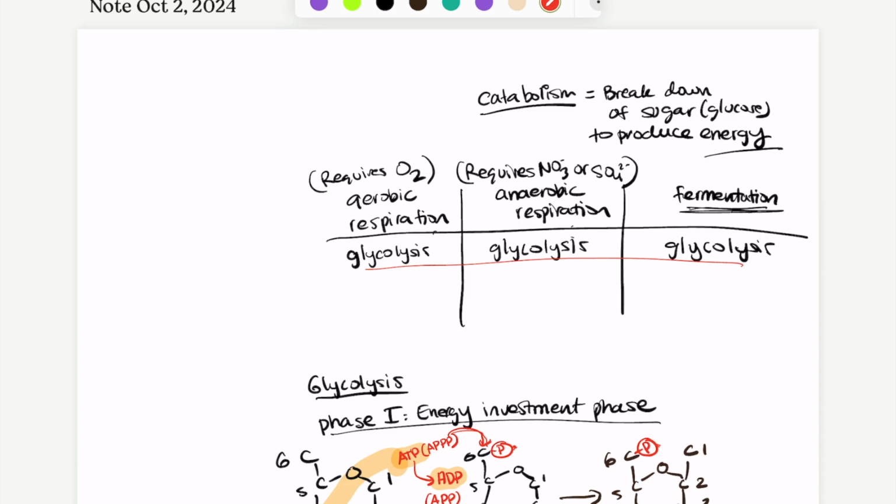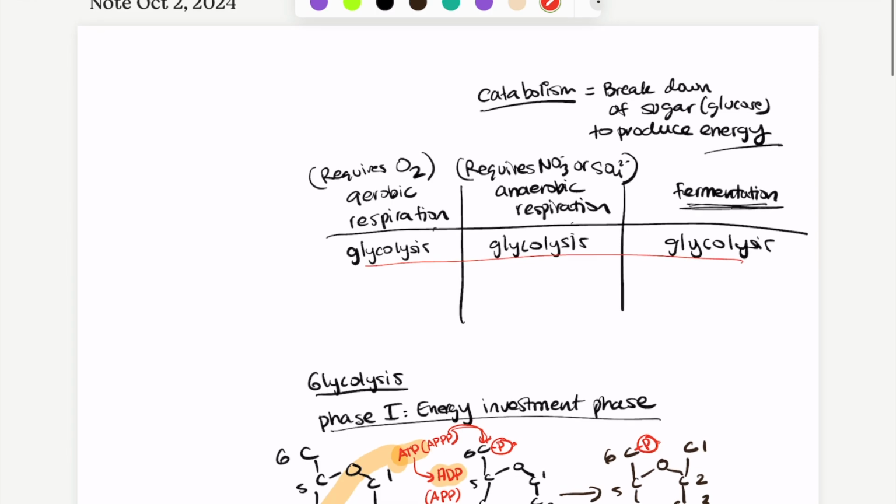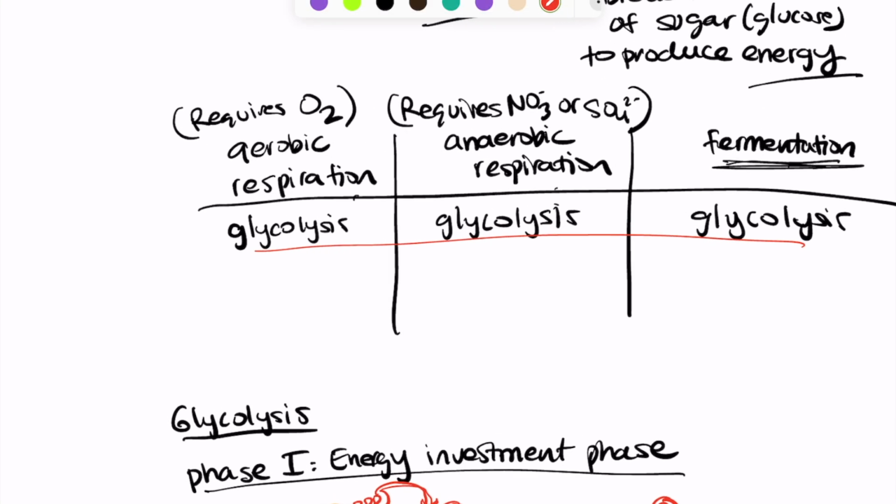And then again, the only difference that I want you to know for anaerobic respiration is that it has a different electron acceptor, which is nitrate or sulfate. So nitrate is for E. coli. It uses that as a final electron acceptor. So, yep, that's it.